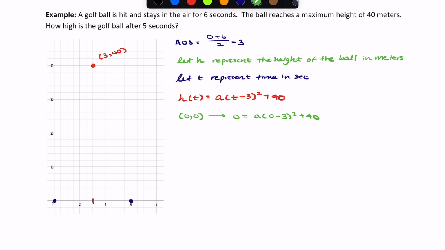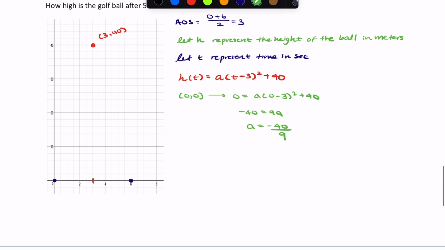Here we get negative 40 is equal to 9a. a is equal to negative 40 over 9. So here our equation is h of t is equal to negative 40 over 9 (t minus 3) squared plus 40.